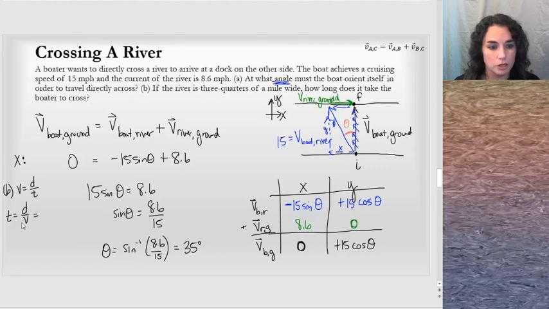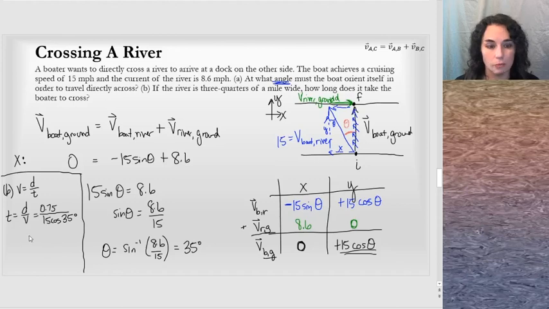So the distance is 3/4 of a mile across, 0.75. And then the velocity that it's moving across the river, remember across the river is in the y direction, and it is the final velocity of the boat with respect to the ground, 15 cosine theta. So 15 cosine 35 degrees.